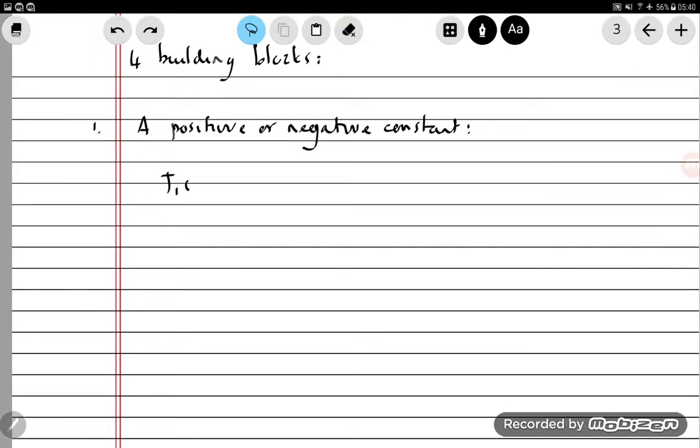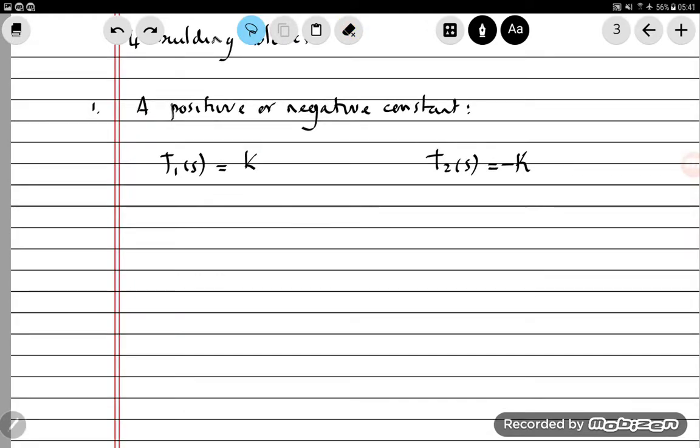Let's call the positive one T1 of S, and the negative one T2 of S. The second building block was poles and zeros at the origin.